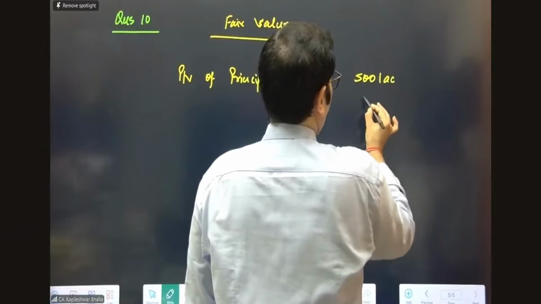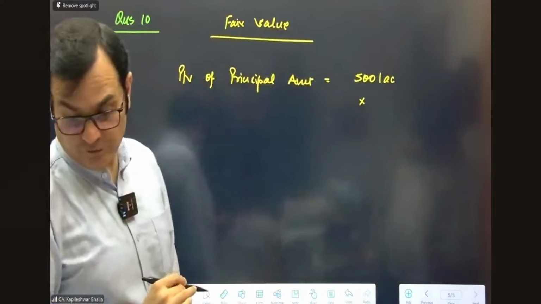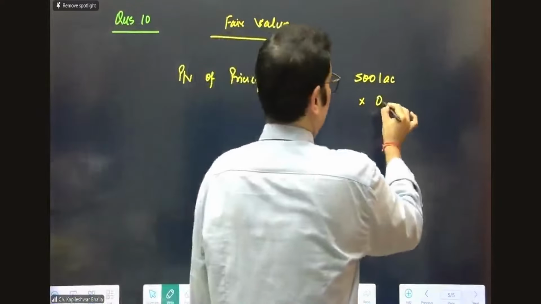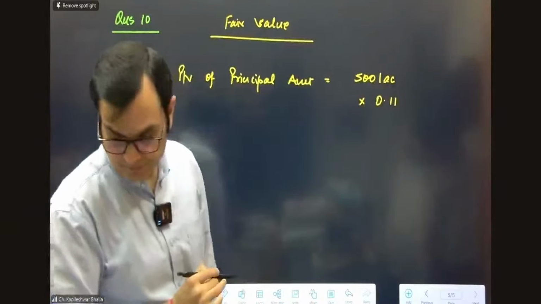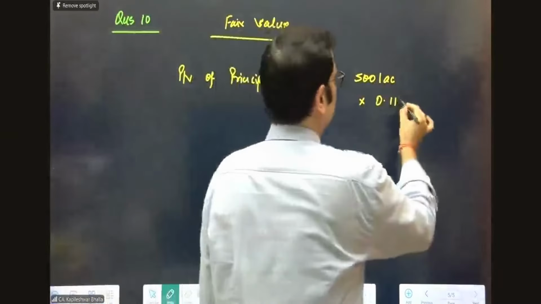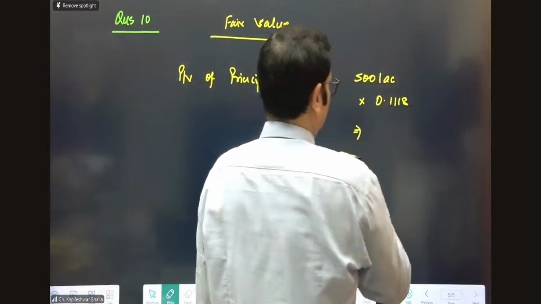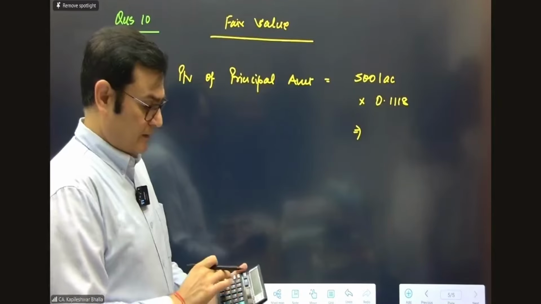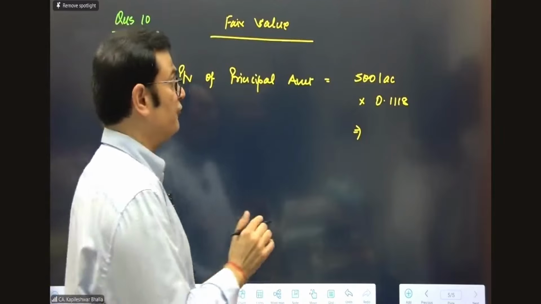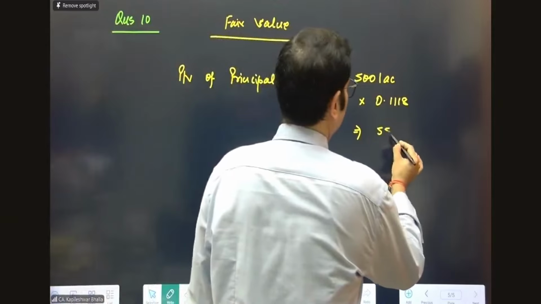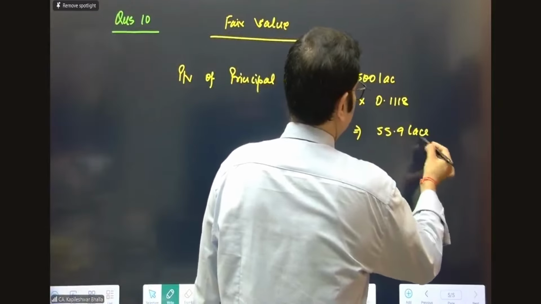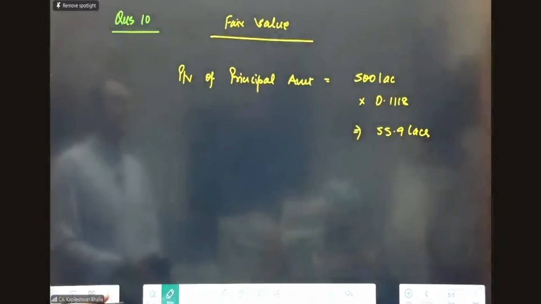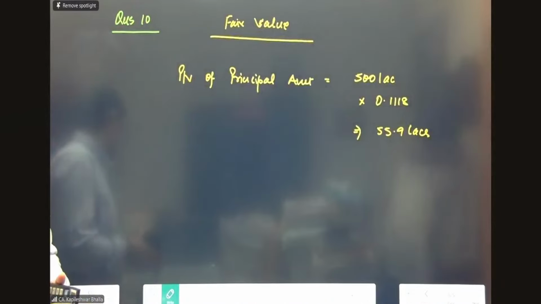And we take the present value. The discounting factor is given as 0.1118, which is the present value factor. So this is going to give you the fair value. So this works out at 55.9 lakhs. That is the amount of fair value of the loan which is given.